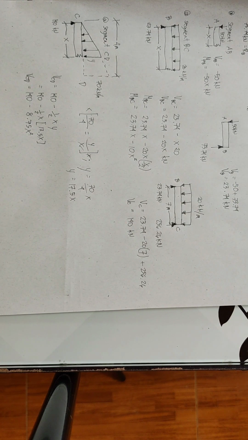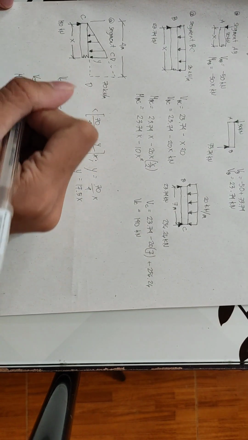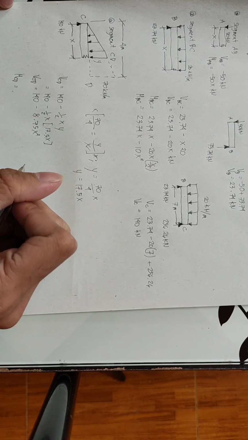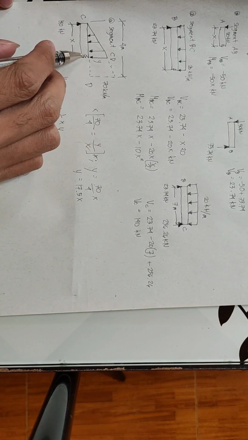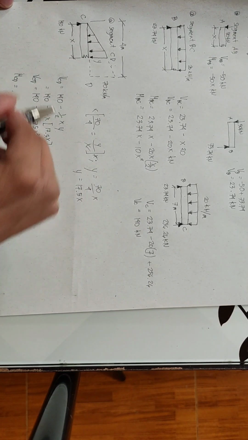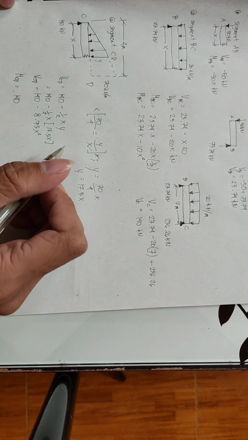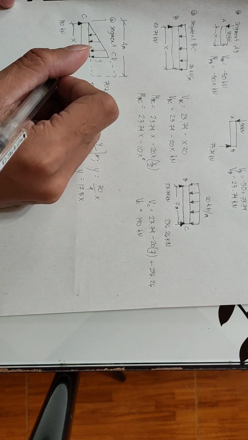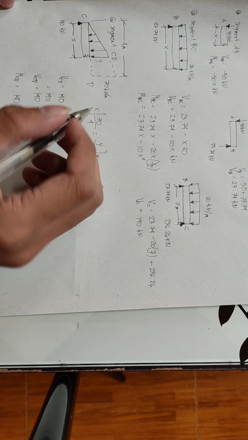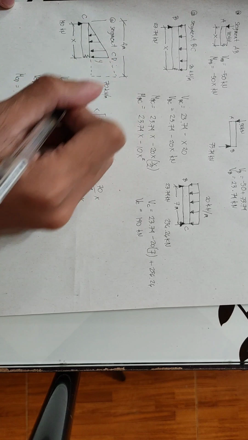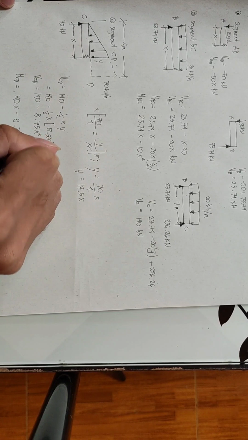After that, we will solve for the moment at CD. To solve for the moment at CD, we're going to take this portion. The 140 force is upward, so positive. Then the perpendicular distance from here is x. Then the force of this one is negative 8.75 x squared.